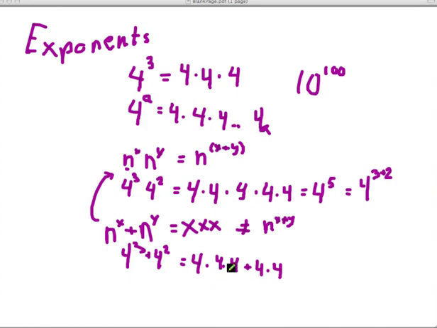So in this example, 4 to the 5th is some big number, I'm not sure what it is. 4 to the 3rd is 64. 4 squared is 16. So 4 to the 3rd plus 4 squared is 80, right? 4 to the 5th is way bigger than 80, right? So these two are not equal at all.